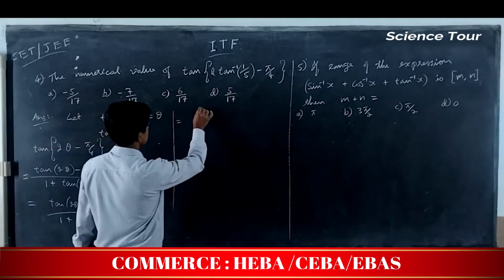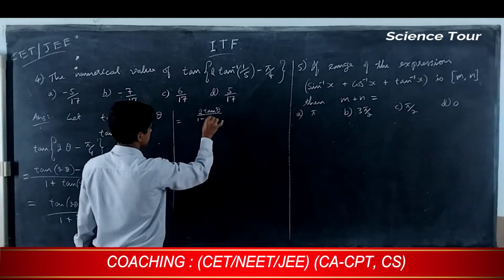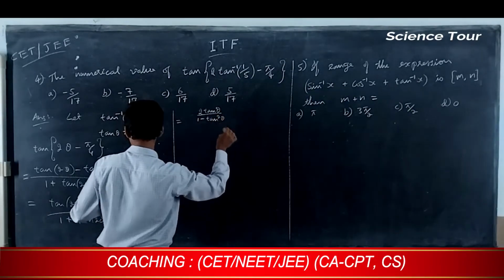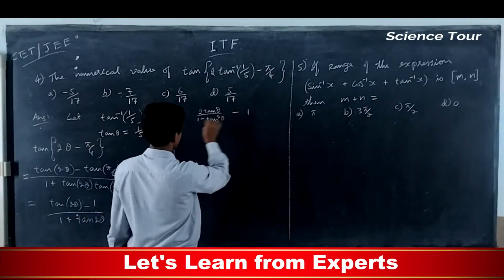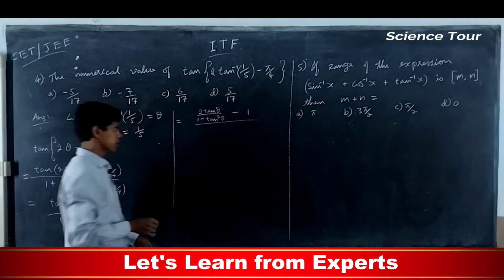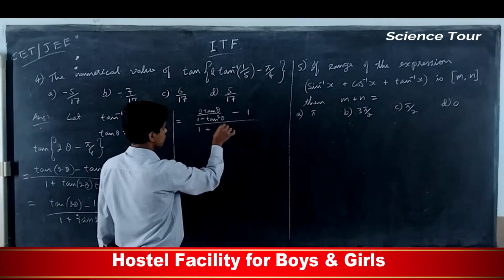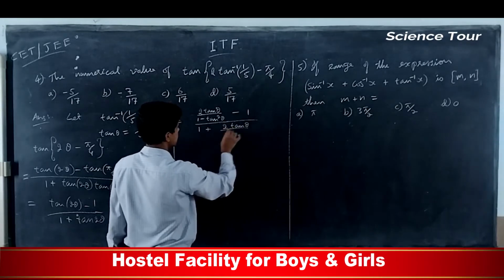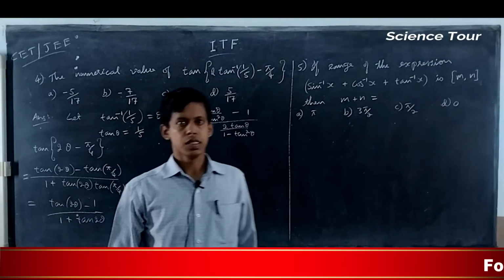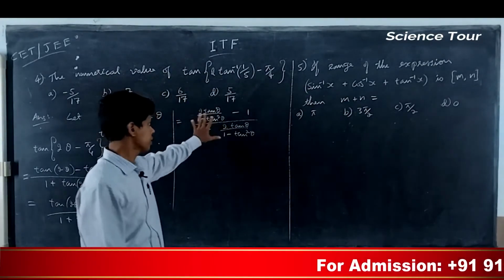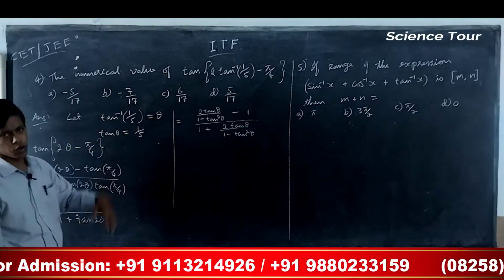Tan 2 theta is 2 tan theta divided by 1 minus tan square theta. So I hope that is understood. It is just the tan x minus y formula and the tan 2 theta formula.